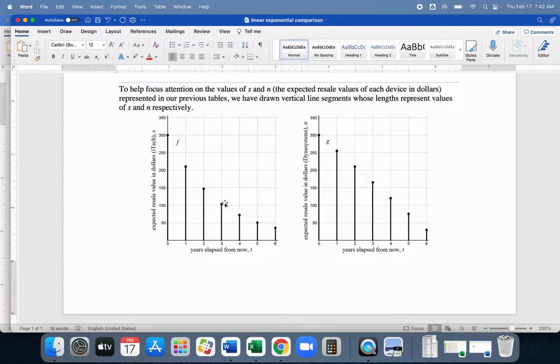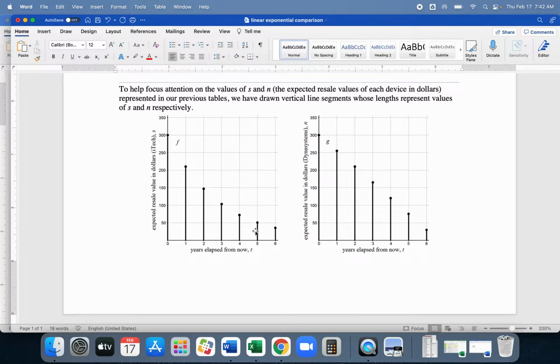But if this relationship is a decrease by 30% each year, then from this price, this height here, which is just over $100, if I lose 30%, I'm keeping 70%. 70% is the height of this, 30% is the difference in the height. And those percentages are both relative to the earlier number, relative to the value after 3 years.